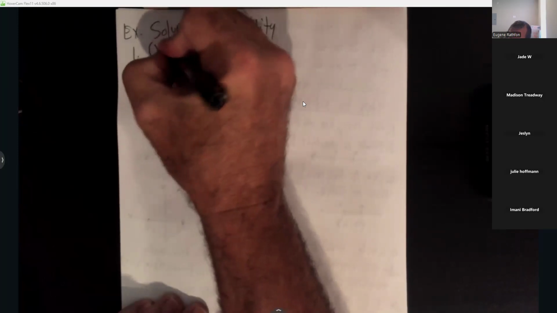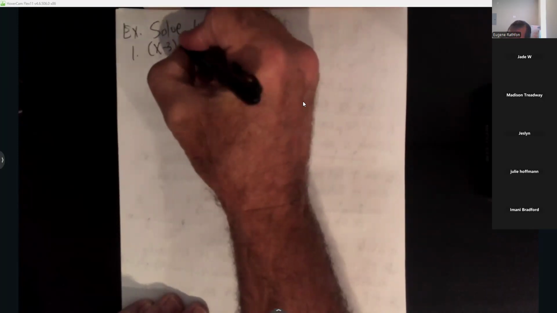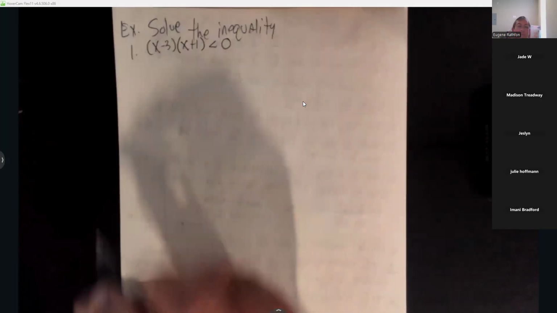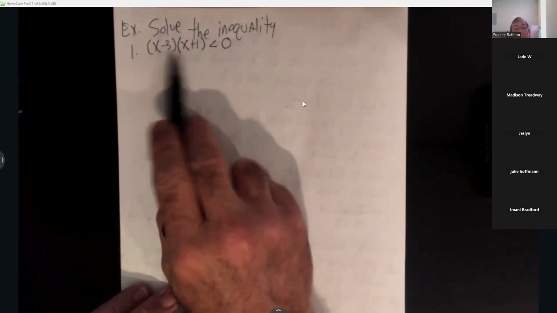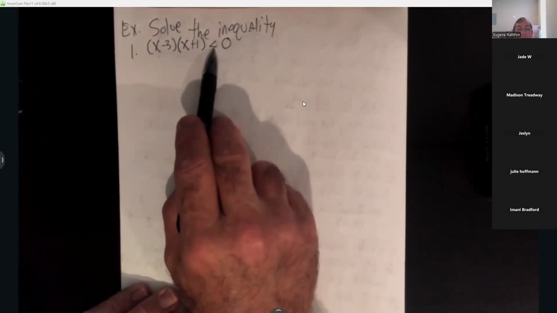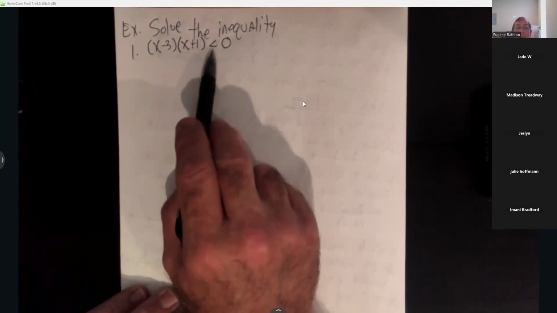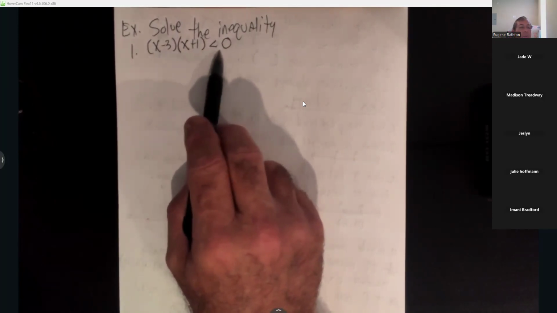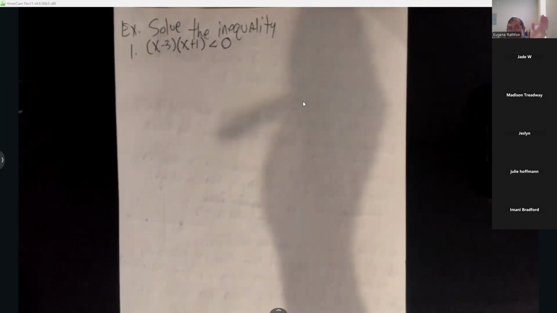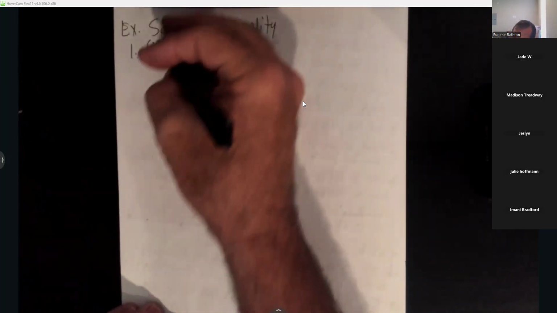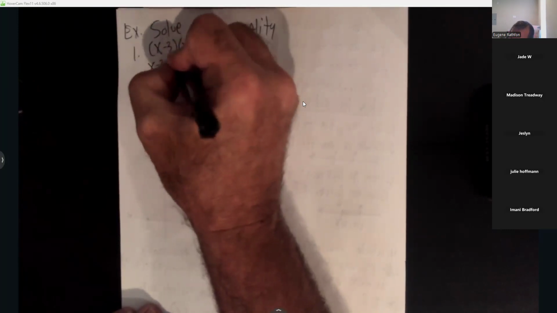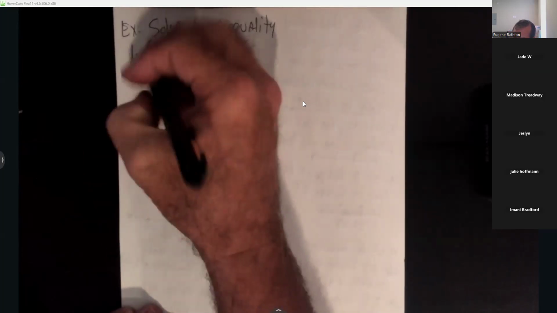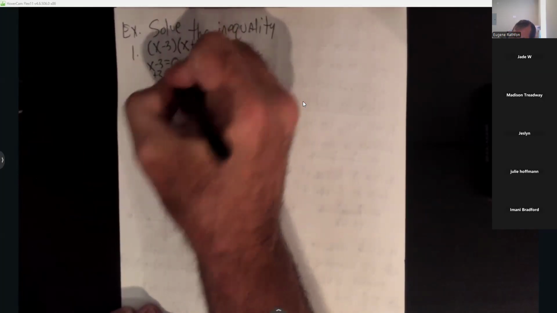So I got x minus 3 times x plus 1 has to be less than 0. All right, so this one's already factored. Now, I set them equal to 0 just to solve them. But when I'm doing my intervals, remember, there's not an equals under this, so I will use curvy parentheses when I do my intervals, okay? So first let's solve it by setting x minus 3 equal to 0, x plus 1 equals 0. So, y'all, the first one you would add 3 and solve that one.